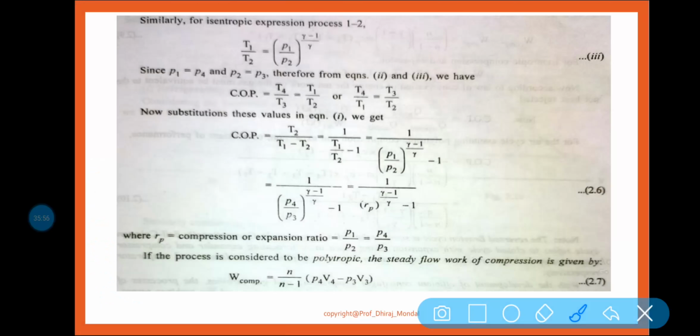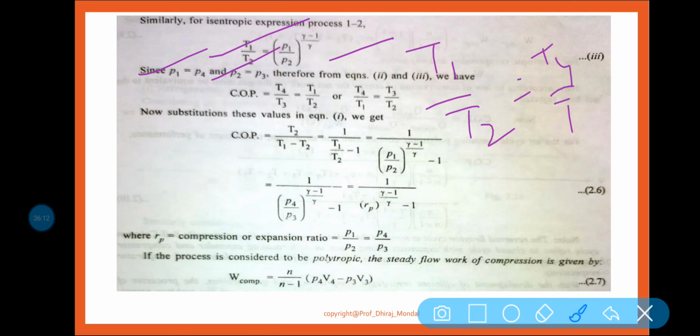You can see T2 by T1 is equal to (P1 by P2) to the power (gamma minus 1) by gamma, and P1 is equal to P4, P2 is equal to P3. So ultimately T1 by T2 is equal to T4 by T3. Am I right? So for the COP, I already have this formula.